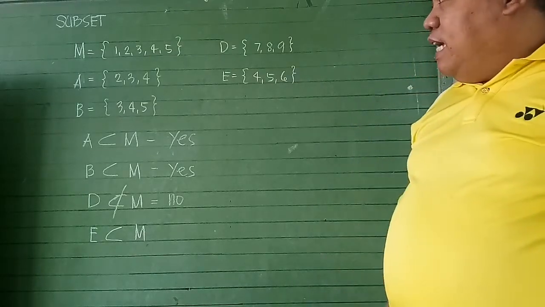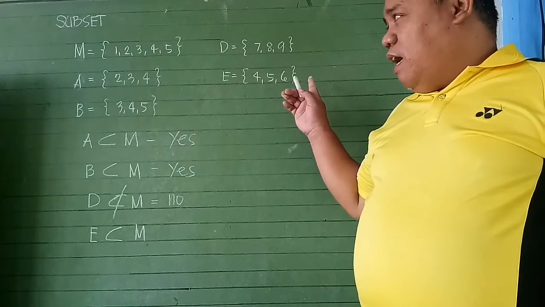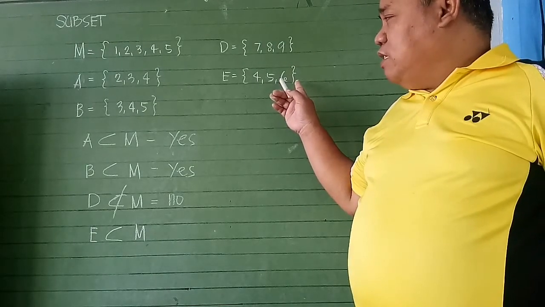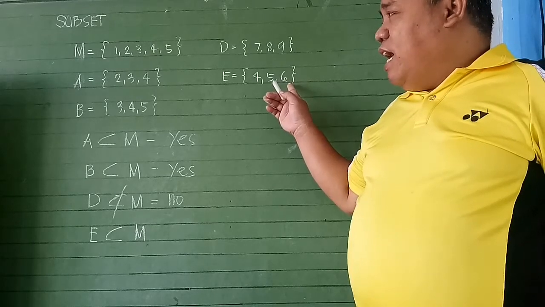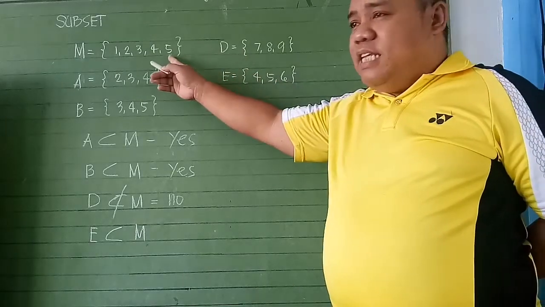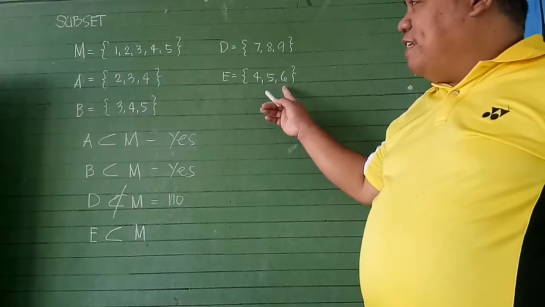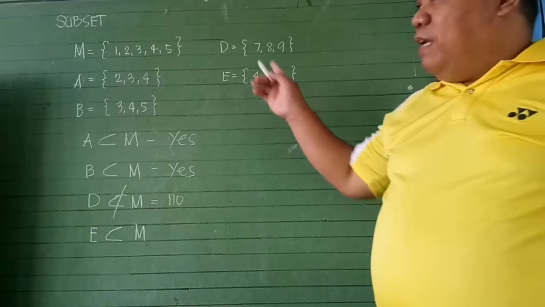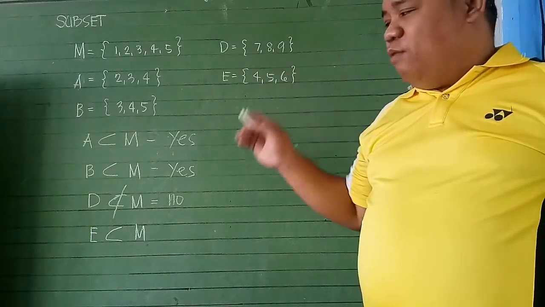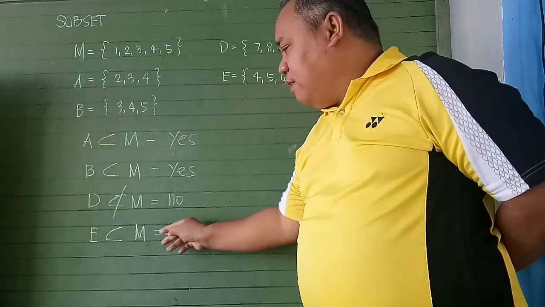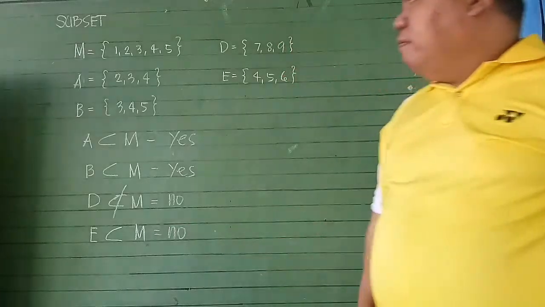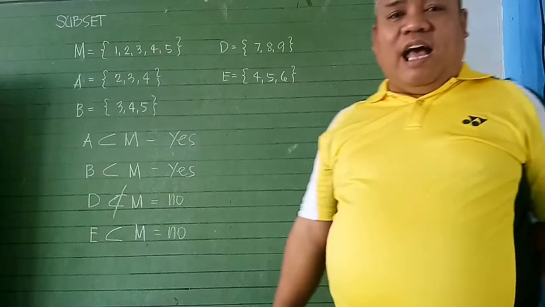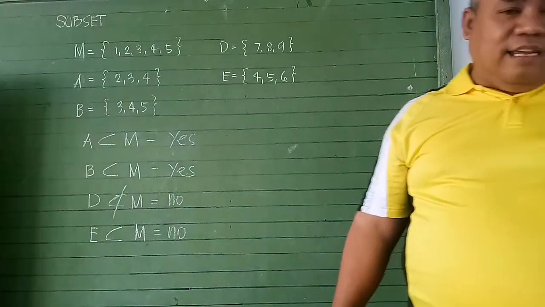So to make E a subset of M, all the elements found in E should be found in set M. So dapat lahat ng elements na nandito nandoon sa M. Therefore, E, although there are two elements that belong to M, still is not a subset of M. Okay? So can we get that idea?